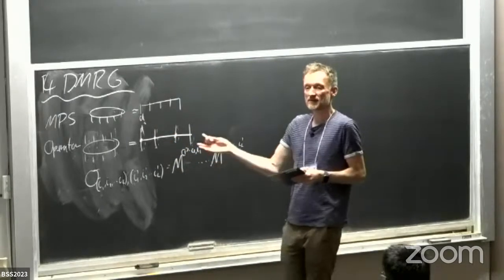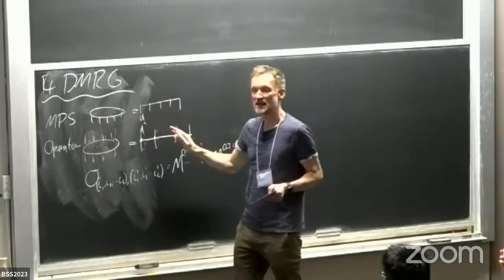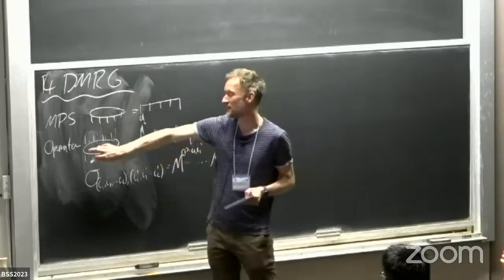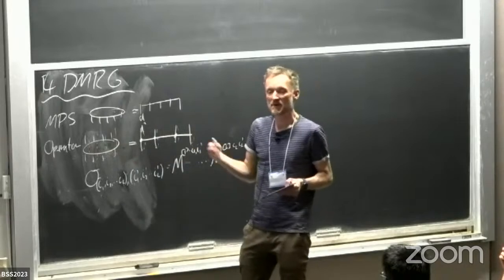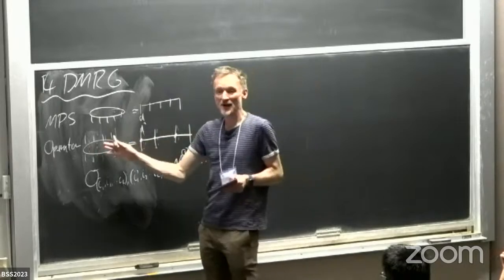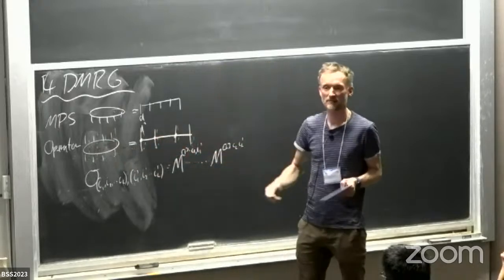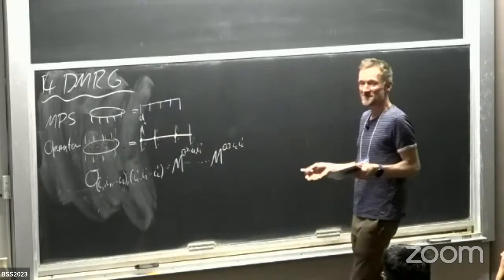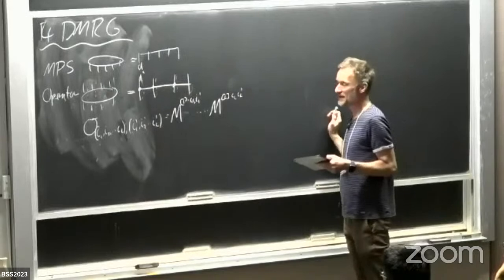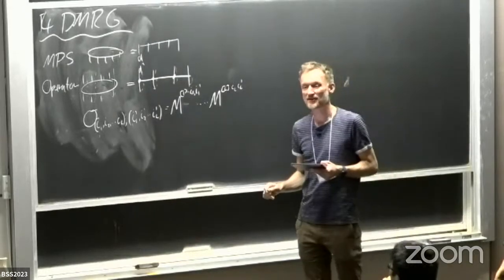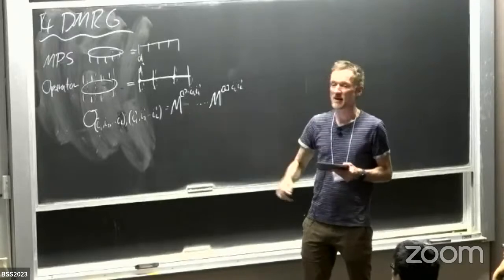And following that, we can use the same strategy to transform any operator into a matrix product operator by, for example, doing successive singular value decompositions. But the price that you pay for a generic operator is that the bond dimension required would be exponentially large. But similar to the story that we had for MPS, we are also in luck that certain operators can be very nicely written in terms of very simple matrices.